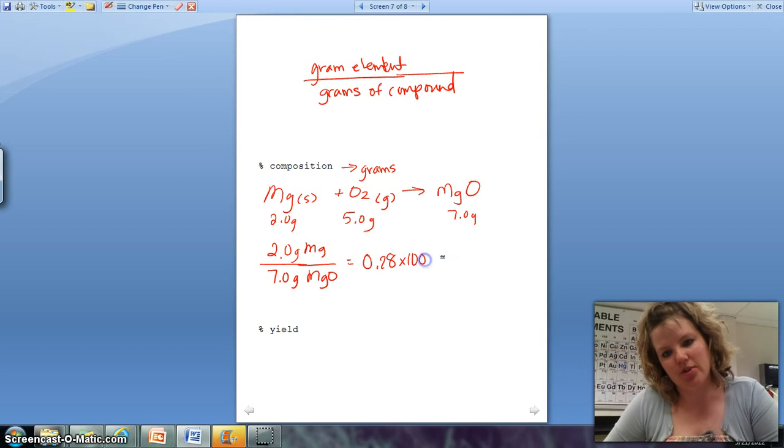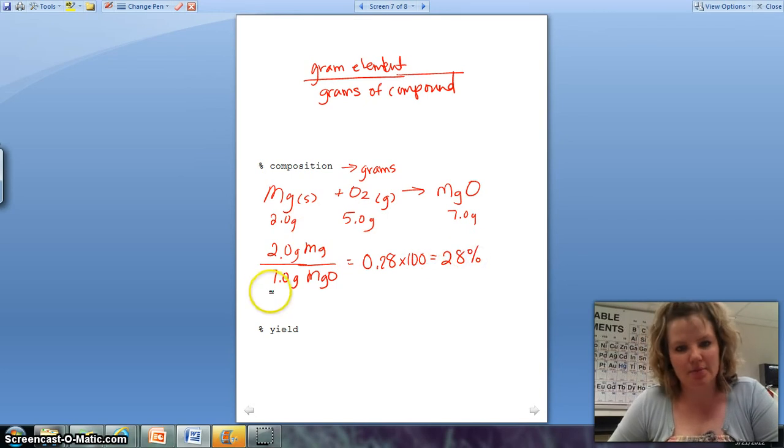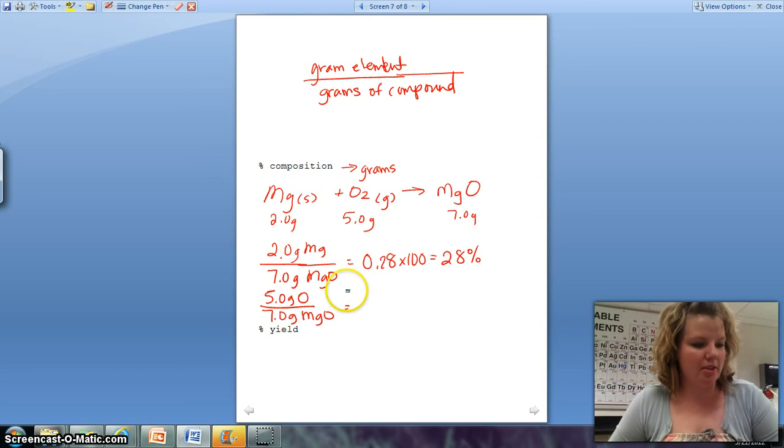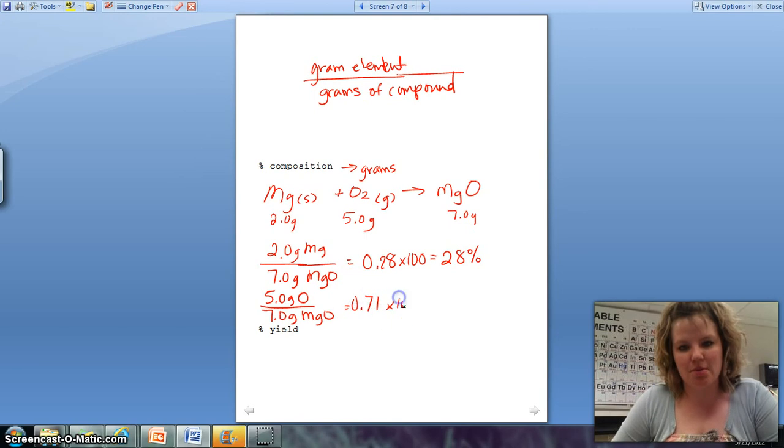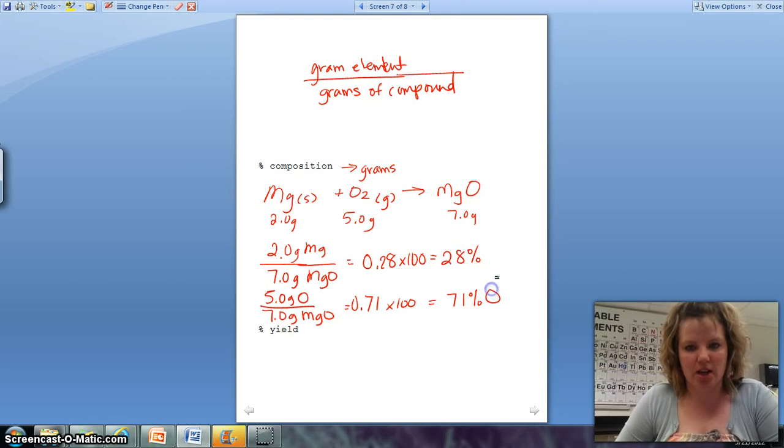Times that by 100, and we would get 28% magnesium. And then the other one, 5 grams of oxygen over 7.0 grams of magnesium oxide. We do 5 divided by 7, and we get 0.71, times 100, and we get 71%, and that's oxygen, and this is magnesium.